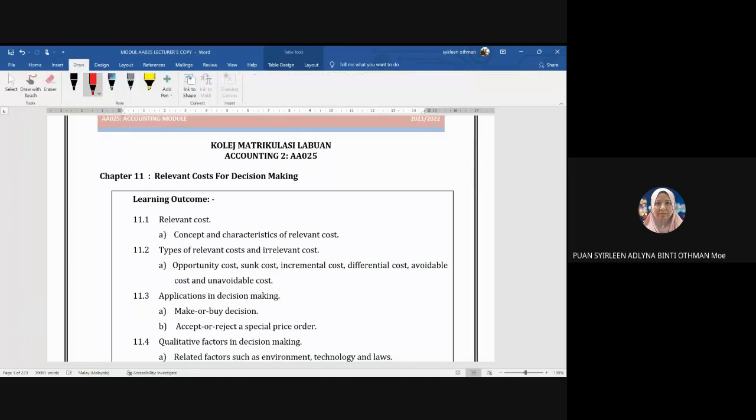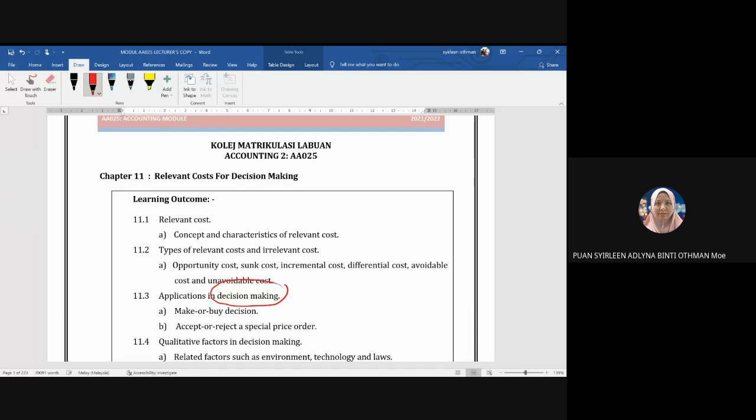Kita akan tengok apa dia yang dimaksudkan dengan relevant cost, and then we are going to differentiate between relevant cost and irrelevant cost. Relevant cost will be considered into your calculations, and irrelevant cost tu nanti kita akan abaikan lah. Alright, okay, and then what are we actually doing in topic 11? We are actually making decisions, okay, decision making.